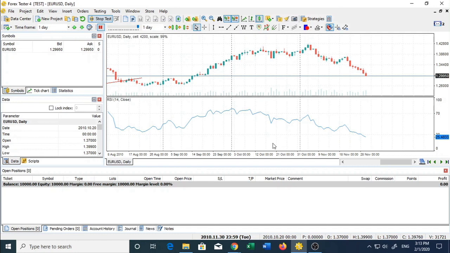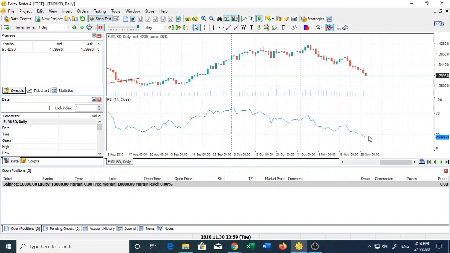Now a trader has a decision to make. It's either he's going to buy or sell the asset he's trading. And obviously he has another decision whether to just remain on the sidelines. But what the RSI indicates is if it's in the oversold region, in the 30, that there's a possibility that the price will go up in the next few days.